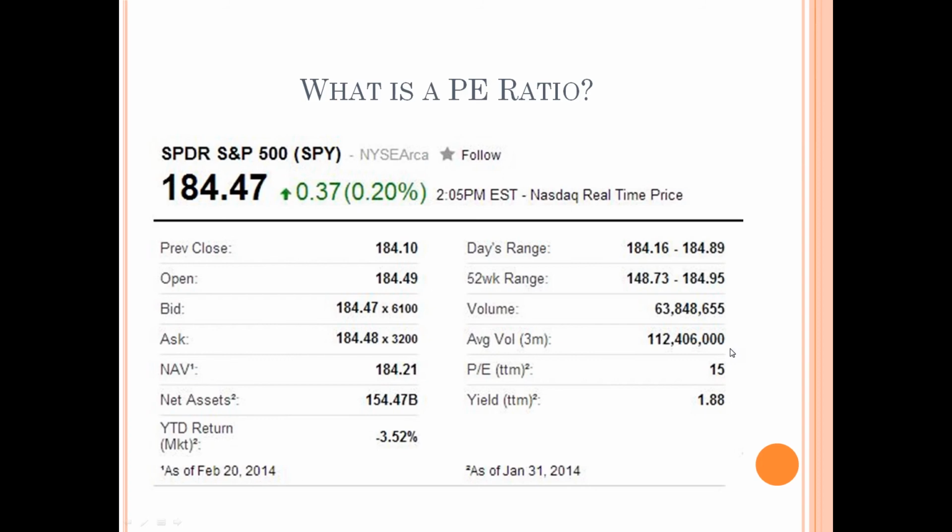Now, if you remember, we were looking at Microsoft, and that was 14. So that means that Microsoft is actually trading a little below the average company in the S&P 500. And that might be an indication that you might be getting an undervalued company compared to the rest of the stock market. Now, it's not the end-all be-all for why you should purchase Microsoft or shouldn't purchase it, but it's a good starting point.